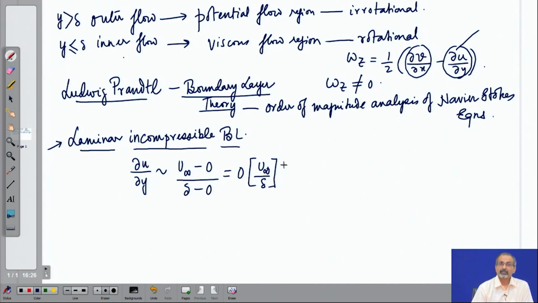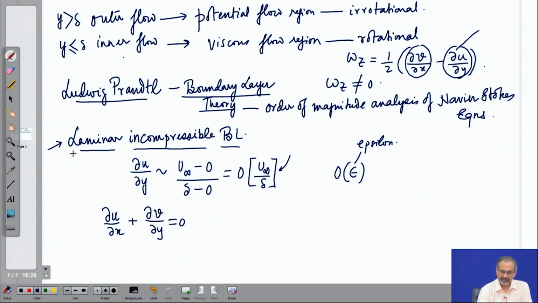Accordingly, the other terms are assessed and some of them are found to be of the same order, some of them are found to be much smaller than that. So, the very small ones could be represented like order epsilon, that means a small term. In this manner, Ludwig Prandtl did a detailed analysis and found that many terms in the boundary layer equations could actually become insignificant, and therefore, he proposed a set of equations which are now famously known as the boundary layer equations.